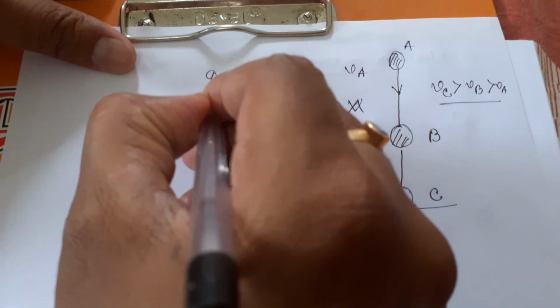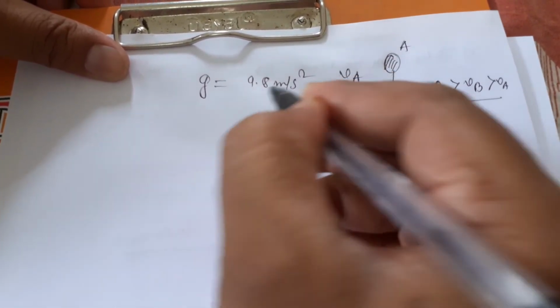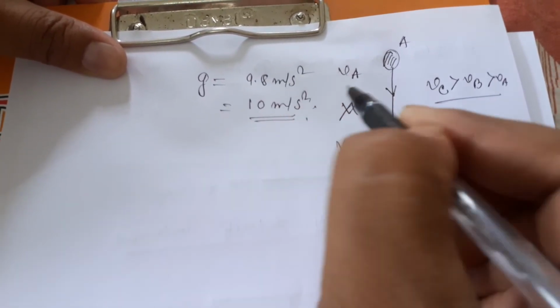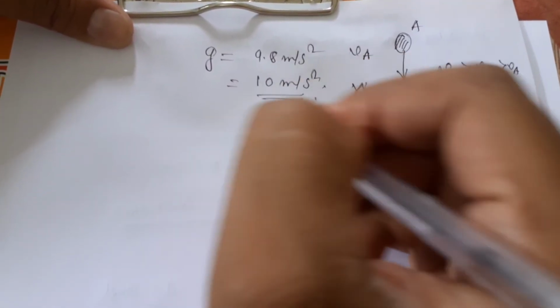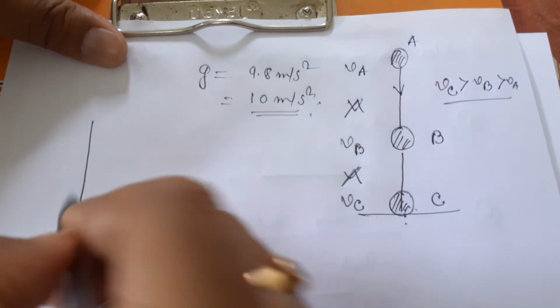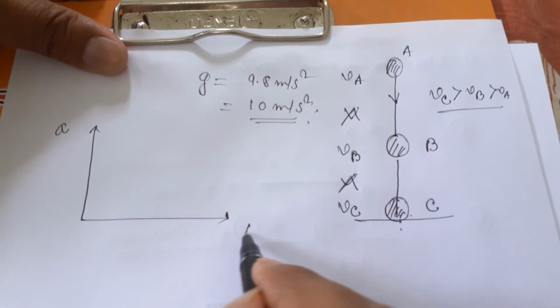Suppose we are considering that g is 9.8 meter per second square, or maybe we consider it as 10 meter per second square. We all know that acceleration due to gravity has a constant value. So suppose you are considering an acceleration-time graph like this. This side acceleration, this side time.